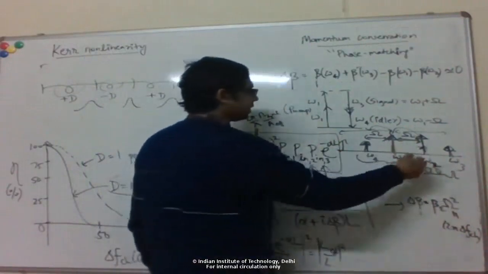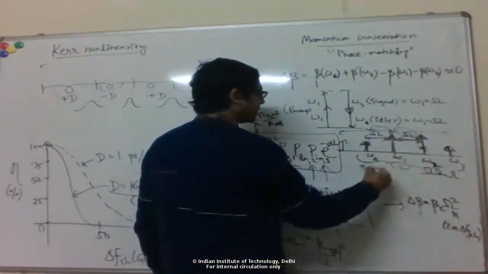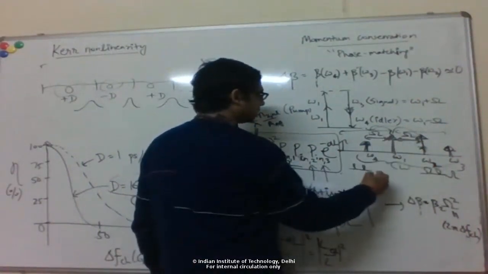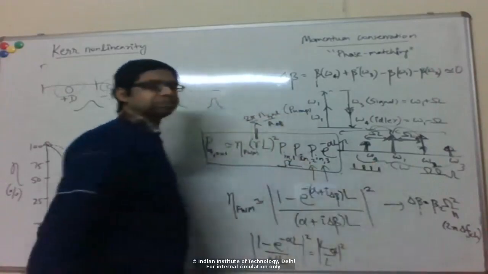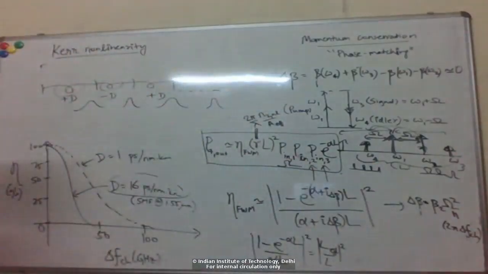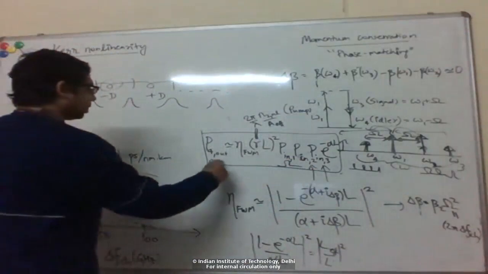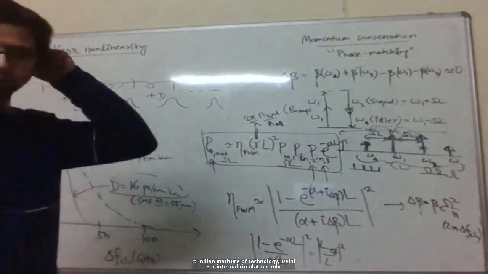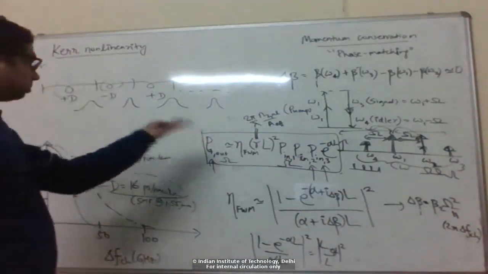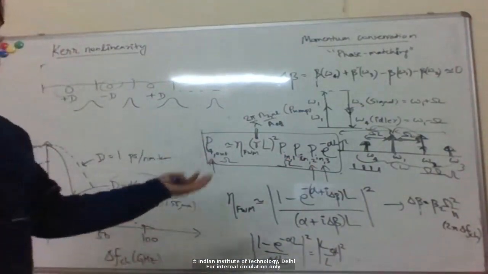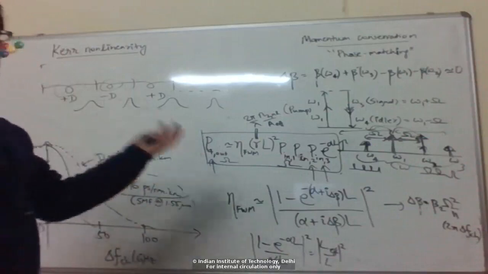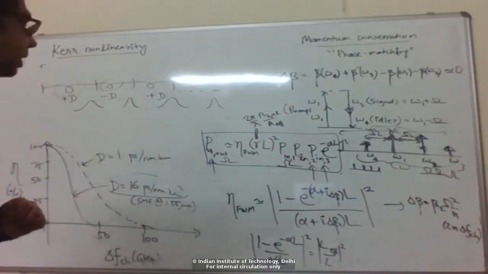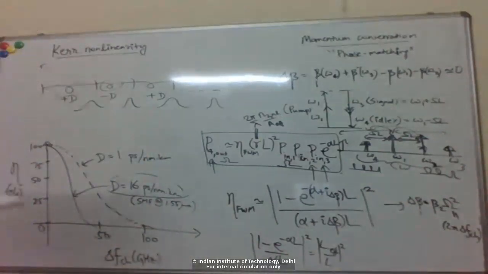And then from this four-wave mixing, the data will get transferred to this other wavelength. So this new wavelength will now have the data. So you can easily transfer data from one wavelength to another using four-wave mixing. That's one application straight away.